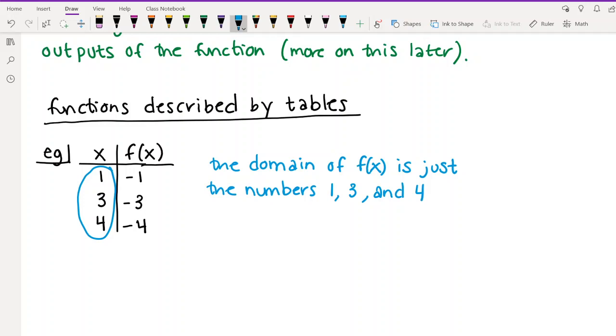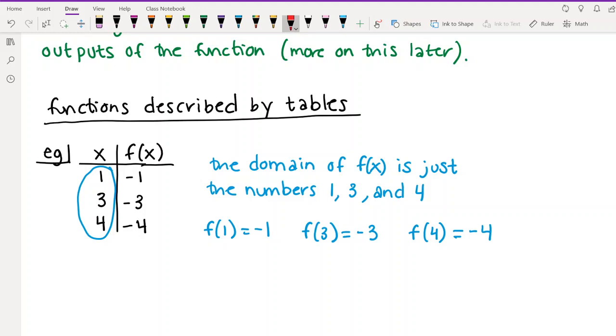Those are the only numbers that we're allowed to plug into this function. Just to drive that point home, if we try to plug in 1, we get -1, right? If we try to plug in 3, according to this table, we get -3. If we try to plug in 4, according to this table, we get -4. So all of those numbers, 1, 3, and 4, are numbers that we are allowed to plug into this function.